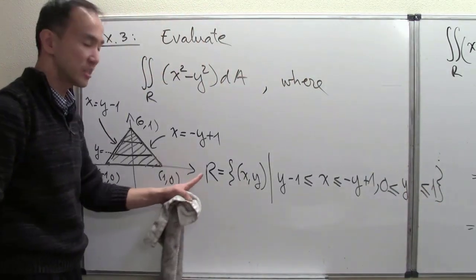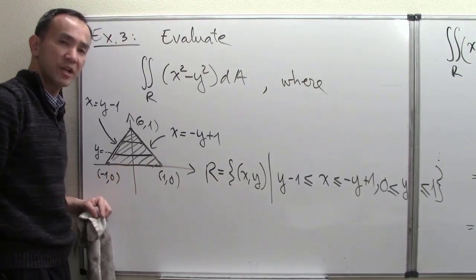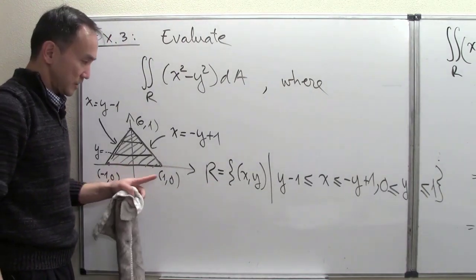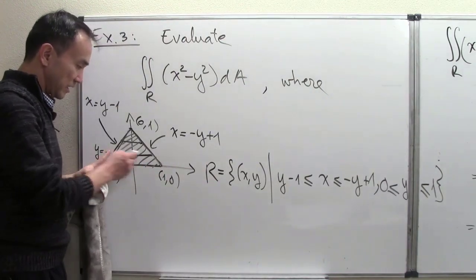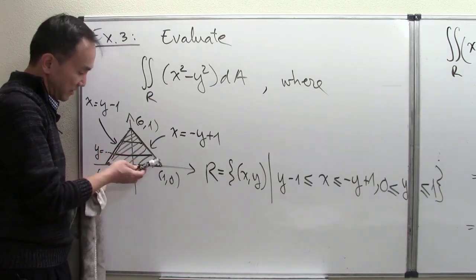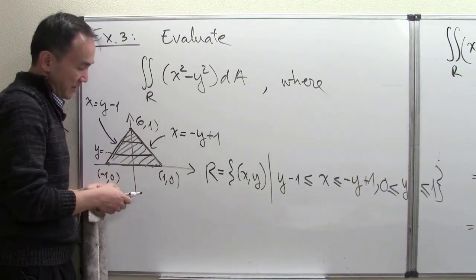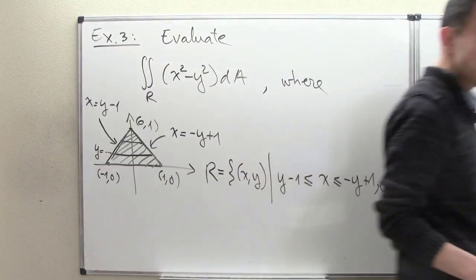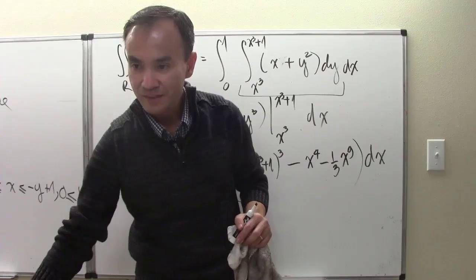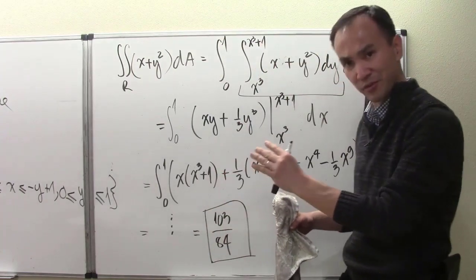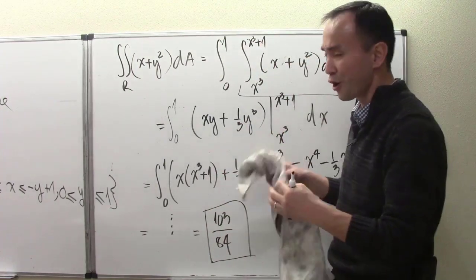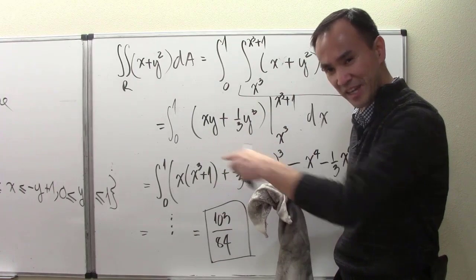That's how I see this description of the region. The left and right is limited by the left curve and right curve, and the up and down goes from a constant to a higher constant. And once I saw that, if you really love the name, it's called a type 2 description in this picture.